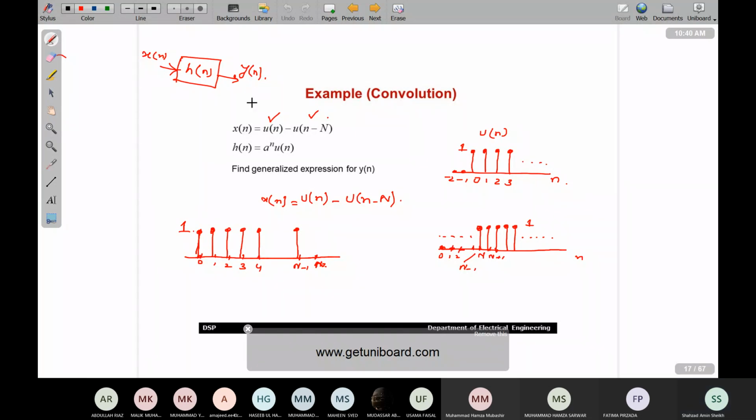So what is this x of n? It has two components. One is u of n, and the other component, u of small n minus capital N, is subtracted from this u of n. So what is u of n? u of n starts at n equal to 0 and continues to infinity, and the amplitude of this signal is 1. And u of small n minus capital N, what is this signal?